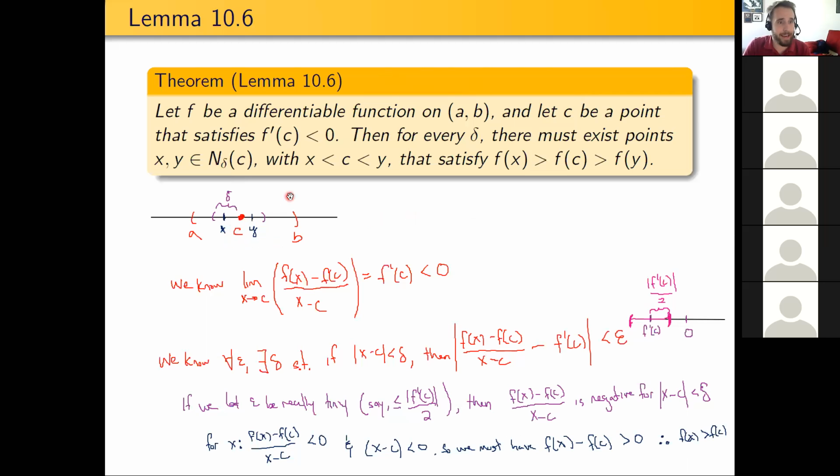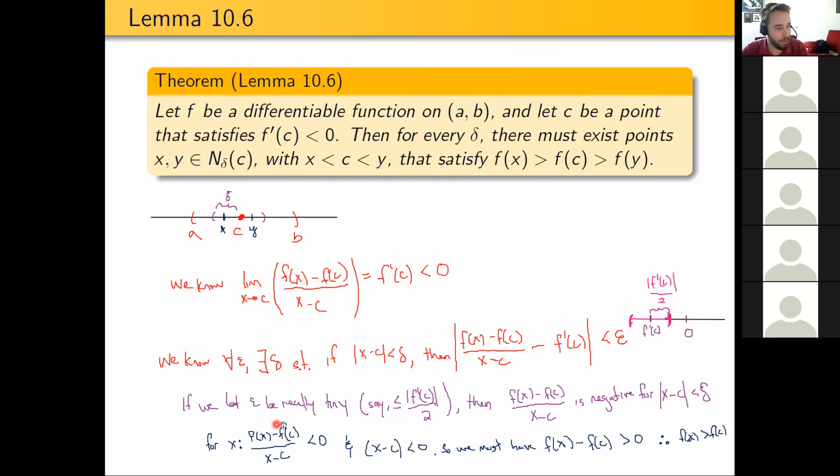All right, so this is, I think, a slightly technical but really precise argument to say that if our derivative is negative at a given point, then if I find an appropriate epsilon and zoom in close enough into a really close delta neighborhood near that point, I can find x values just a little bit to the left of c for which f of x is bigger than f of c.